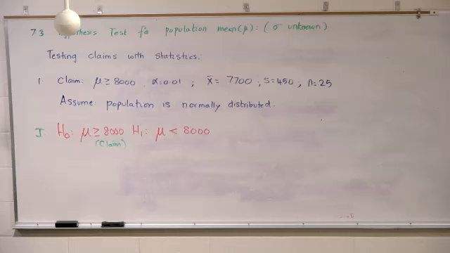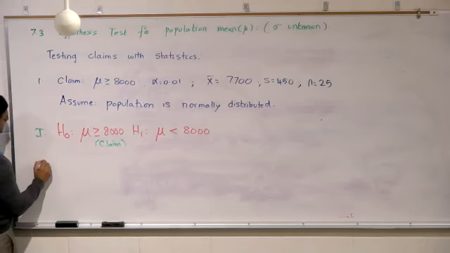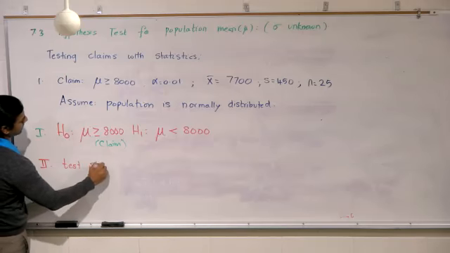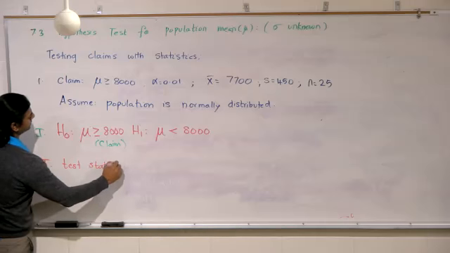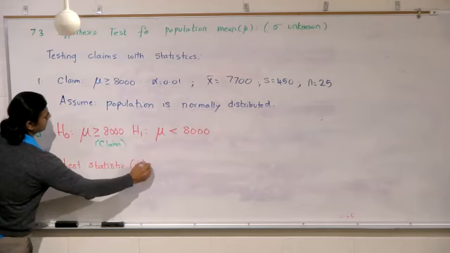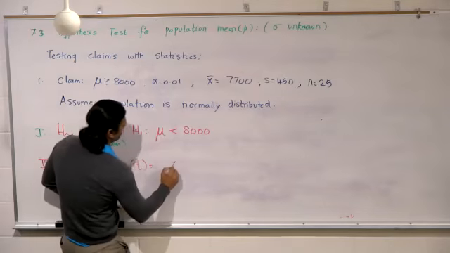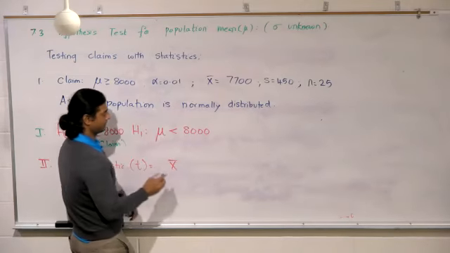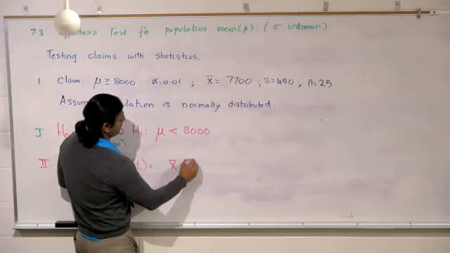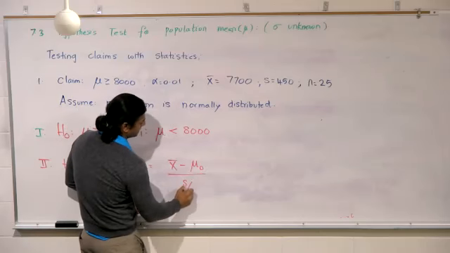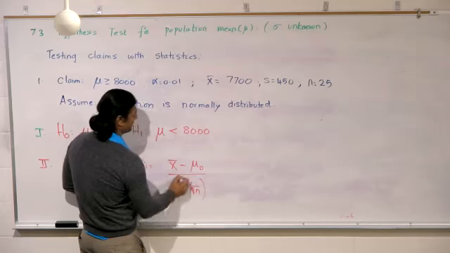So the next step is to compute the test statistic. The test statistic is a simple t-score: x bar, the mean, minus mu naught, divided by s over square root of n.